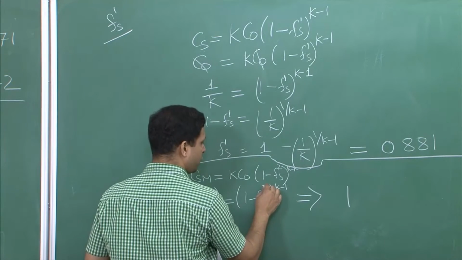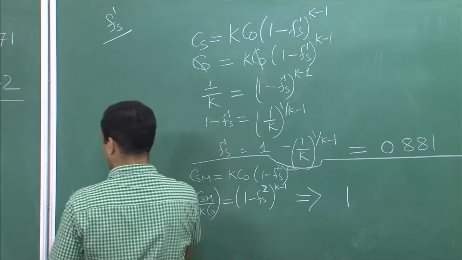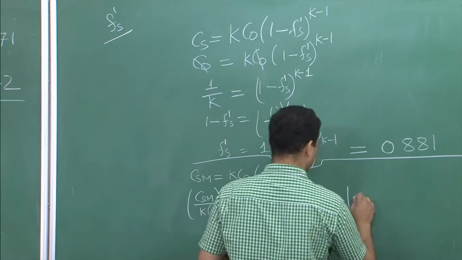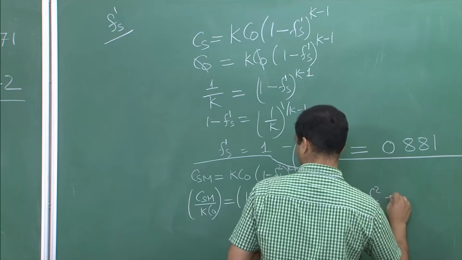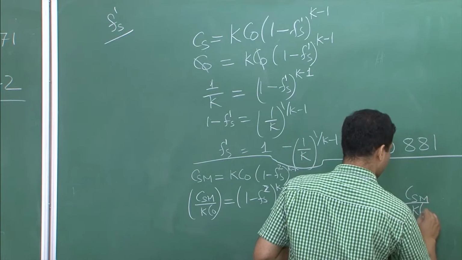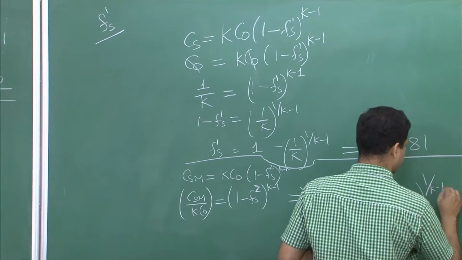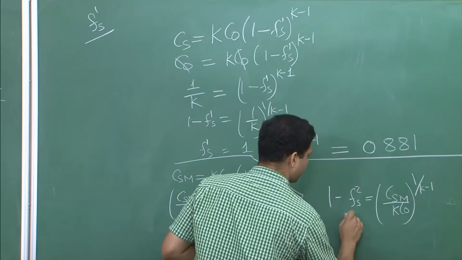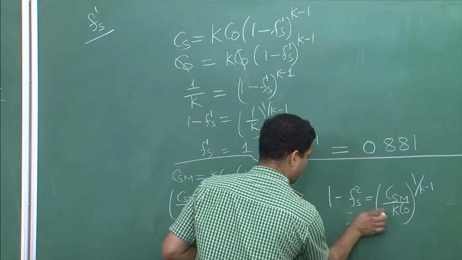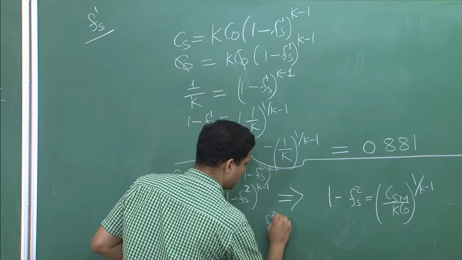So don't get confused that it is a square, it is just FS2, superscript 2 represents the second fraction that we are trying to calculate here. So I will write over here.